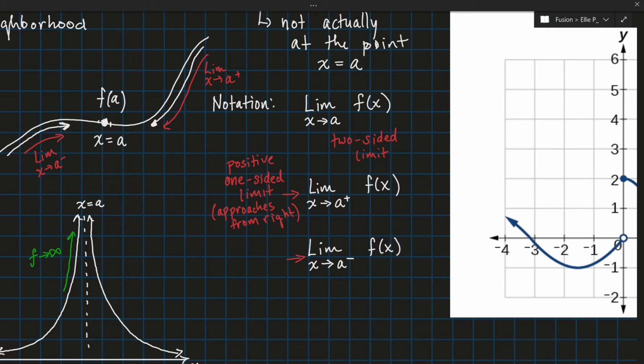And then the one-sided limits are just either side of that. It's like you break up the two-sided limit into either side, and that's what each of those are. So this one with the negative on it is the negative one-sided limit, and it approaches from the left.